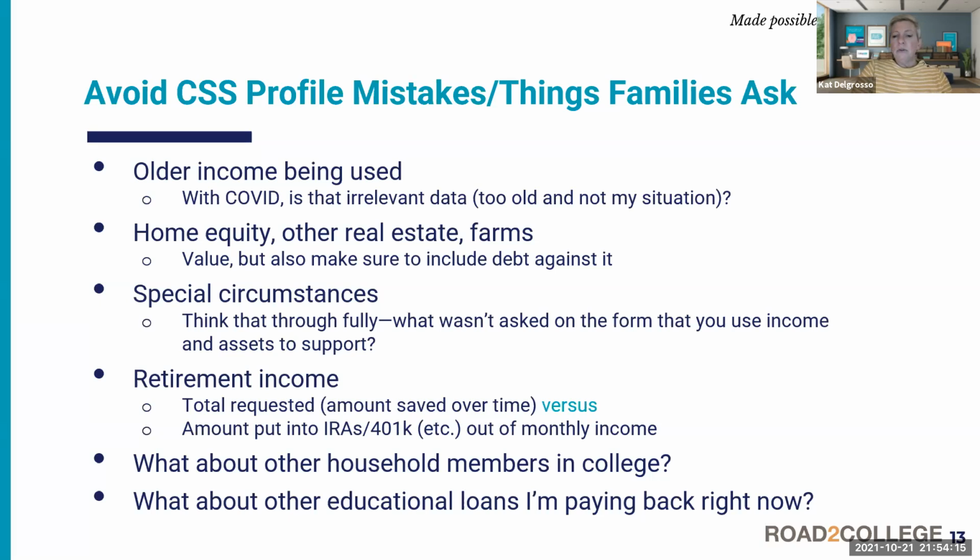And then educational loans that you're paying back. Let's say you have a junior in college and you're paying back a loan simultaneously while you've got a freshman going into school. It can certainly snowball a little bit and become a burden on your income and your assets. So that's actually not a field in the calculations, but you might want to put that in special circumstances if you are repaying.